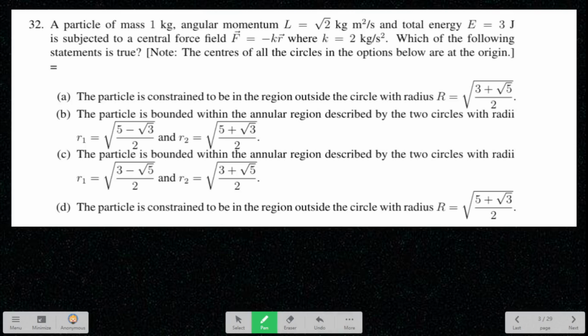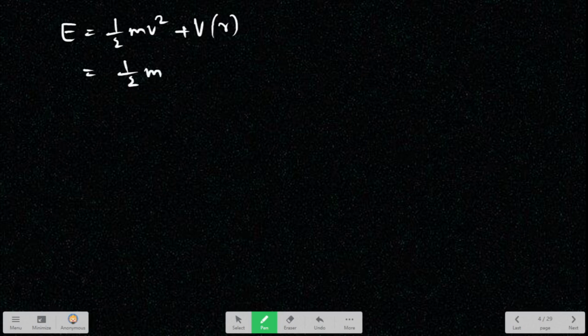So in this question, let's develop some theory. Total energy E is equal to 1 by 2 m v square plus V of R. We know that central force motion is two-dimensional because L is conserved, and to represent two-dimensional motion we use polar coordinates.